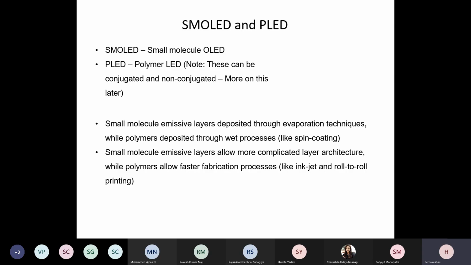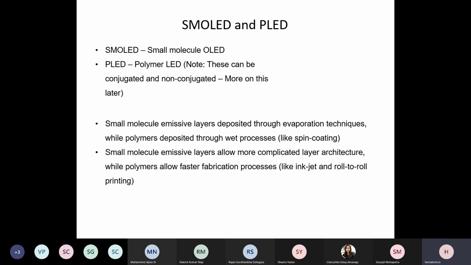While with polymers it is a little bit difficult to get complicated structures, polymers are good at very fast deposition, which allows for printing through inkjet printing or roll-to-roll printing, so faster fabrication. Small molecules, on the other hand, are useful if you want to make more complicated structures.